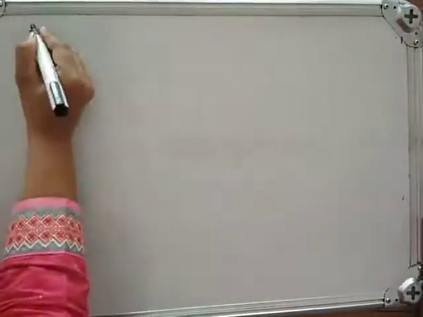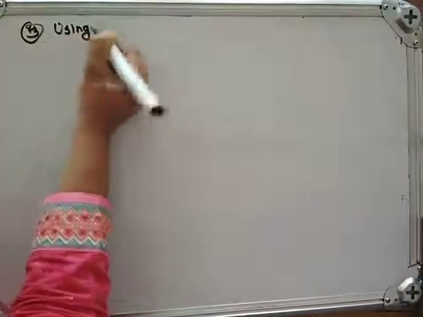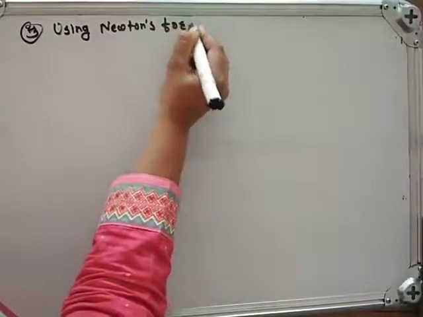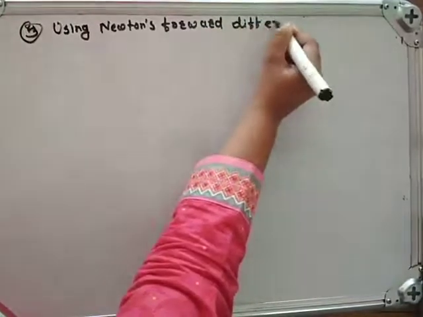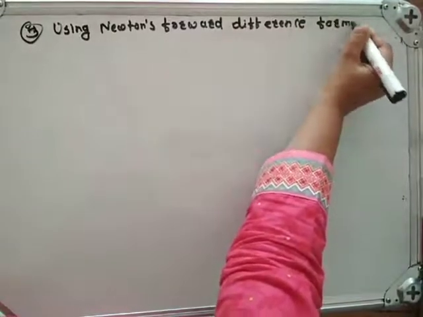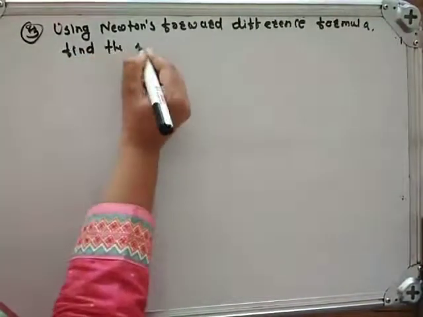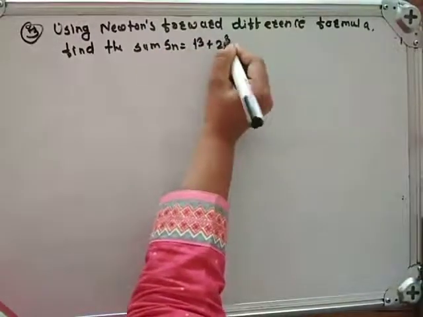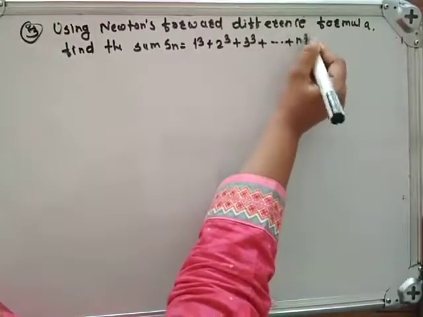Let us take the next example. Example number 3. Using Newton's forward difference formula, find the sum Sn is equal to 1 cube plus 2 cube plus 3 cube plus and so on plus n cube.